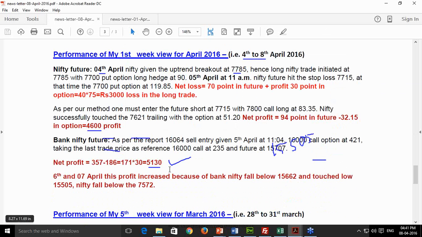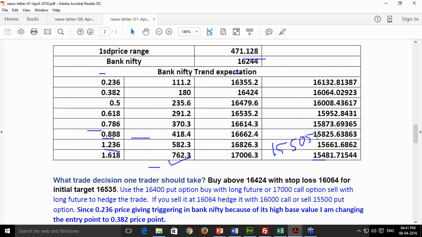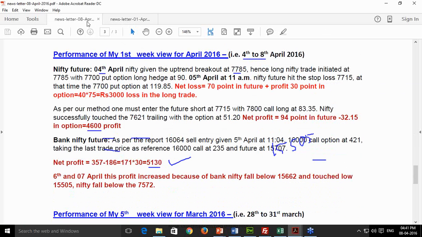If you take the 6th and 7th and consider this 1.236 retracement target level achieved, the profit is far better and more than projected on 5th April. If you consider the 5th April as a trailing level which triggered, we encashed this much profit only.